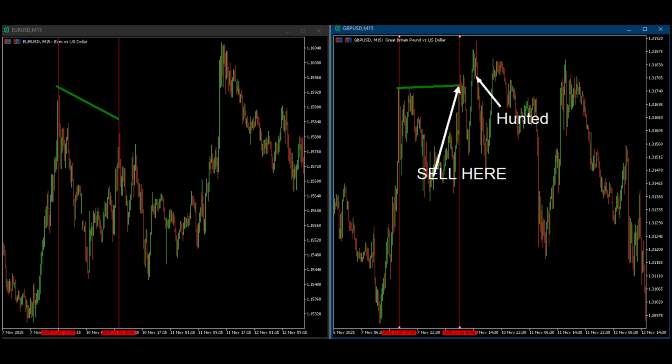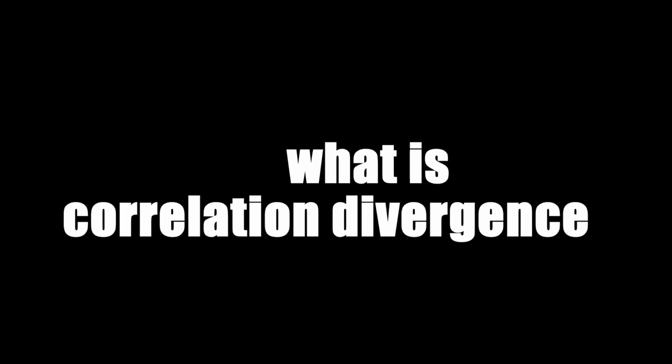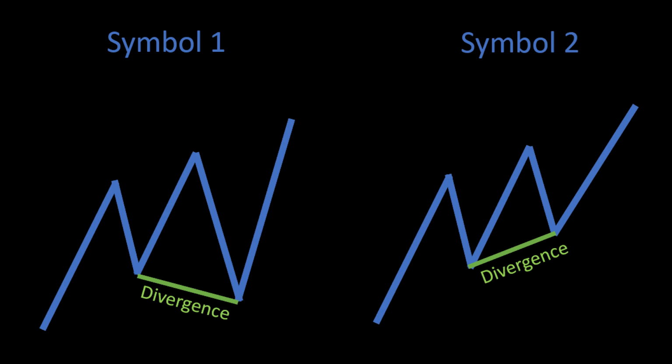Before we jump into the strategy, we need to understand one thing clearly. What is correlation divergence? Correlation divergence is when one market shows divergence, but another closely correlated market does not. Why is this powerful? Because when two assets usually move together, like EURUSD and GBPUSD or NASDAQ and S&P 500, their internal strength should match.